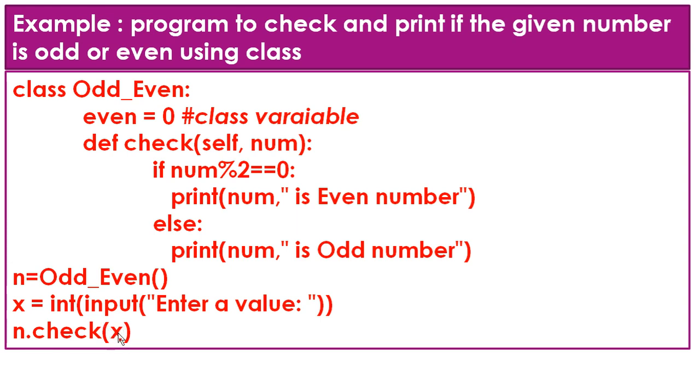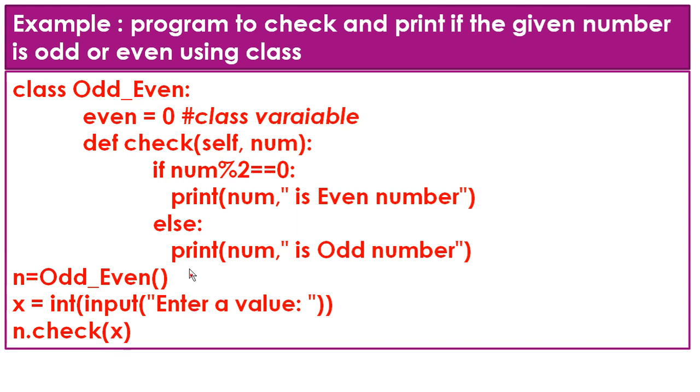Here 5 is the parameter of the method check. The method check is called by using this statement. The check is accessed by using the dot operator: object name, followed by the dot operator, followed by a member of the class, that is check. It has only one parameter, that is 5, given from the keyboard.